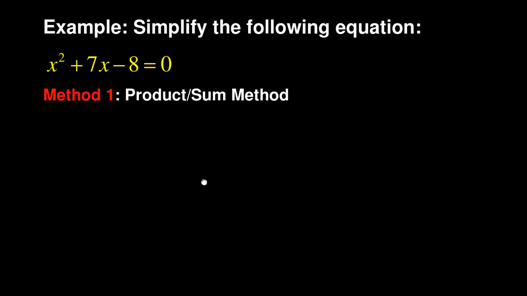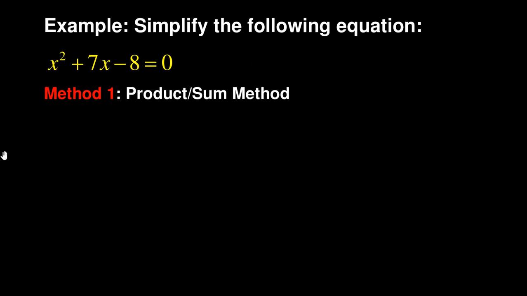Let us look at the first method of solving the equation, which is called the product sum method. If I'm going to use the product sum method to solve this equation, I write it again: x squared plus 7x minus 8 is equal to 0. I have a 1 there, so it's 1x squared plus 7x minus 8 is equal to 0.